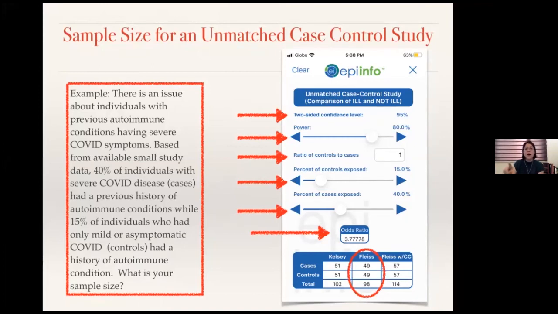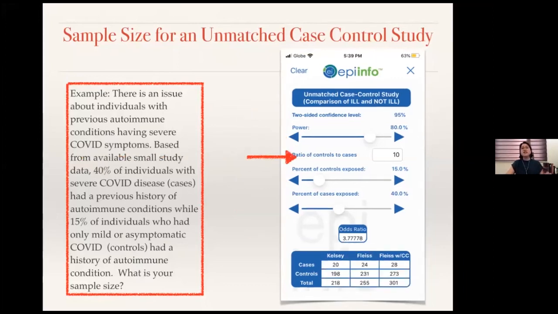So most likely we will have a hard time getting 49 severe COVID cases. No problem with the 49 asymptomatic or mild cases. So what do we do now? When you end up like that, oh gosh, this is going to be difficult. Is this achievable? Yes, it can still be achievable by manipulating your assumptions.